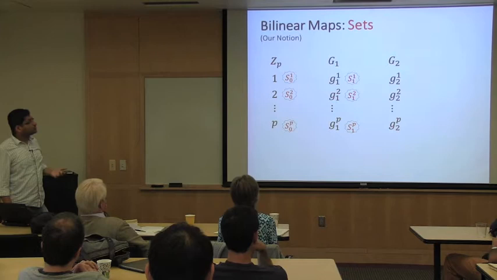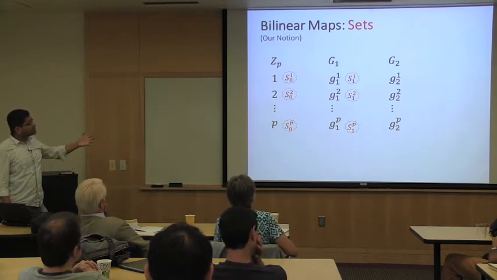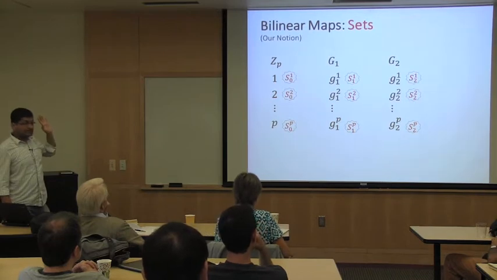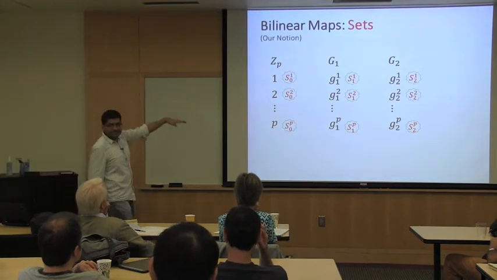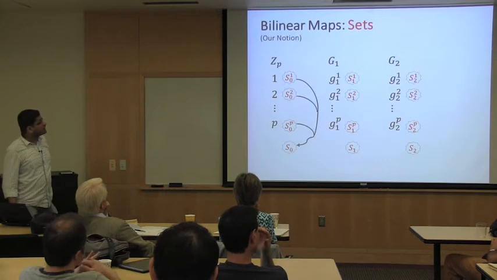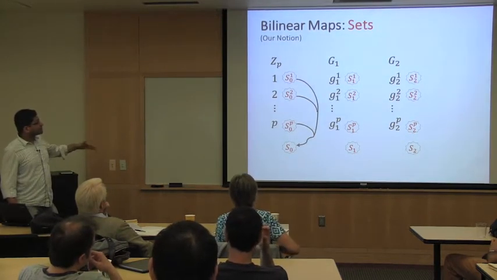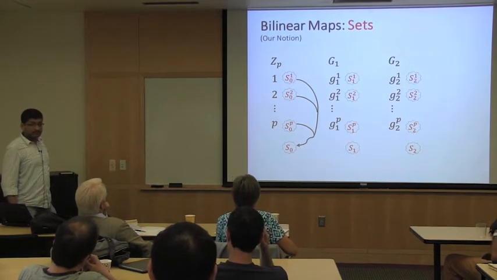And so on for G11, I can have S11. In G1P, I can have S1P, and so on for G. Okay? So for the multilinear setting, we will just have more of these sets. And I'm going to call the union of these sets S0, which is the set of all level 0 encodings.